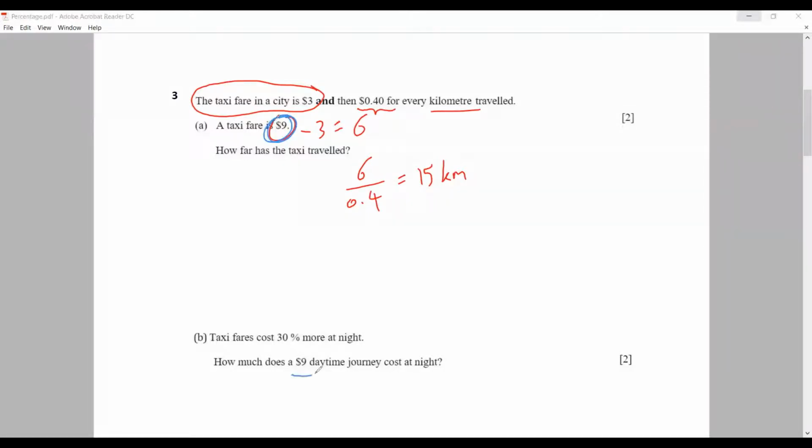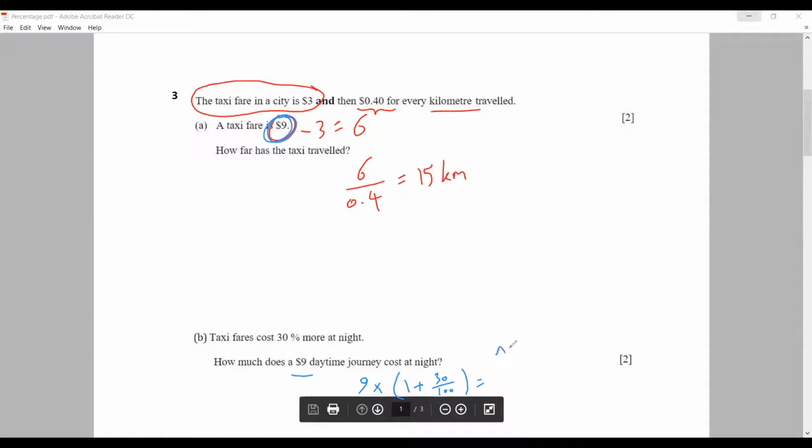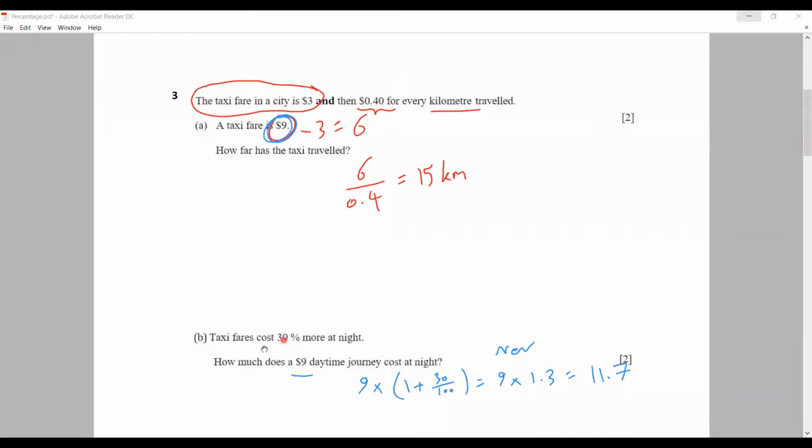At night, it's going to cost us 30% more. So you just multiply by 1 plus 30%, so the new price is 9 times 1.3, and that is 11.7. Another way is to find 30% of 9, and then whatever value you obtain, add it to 9 again.